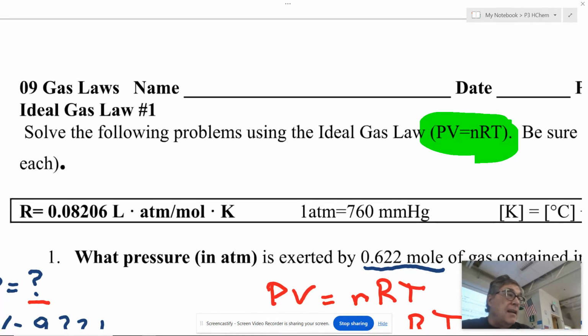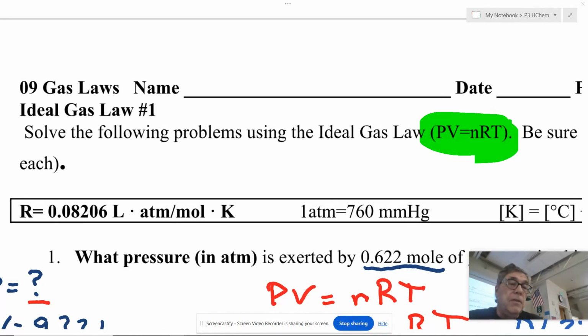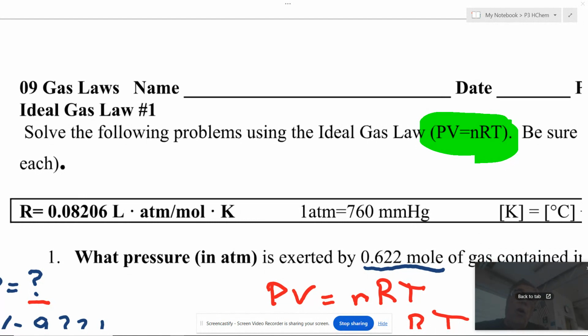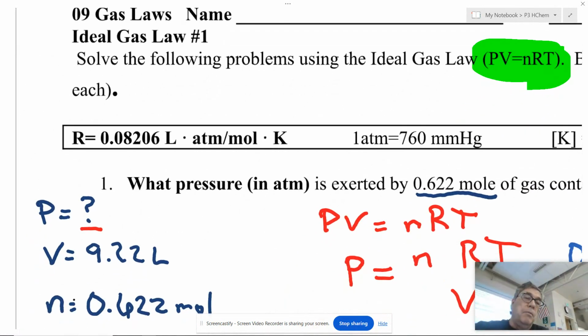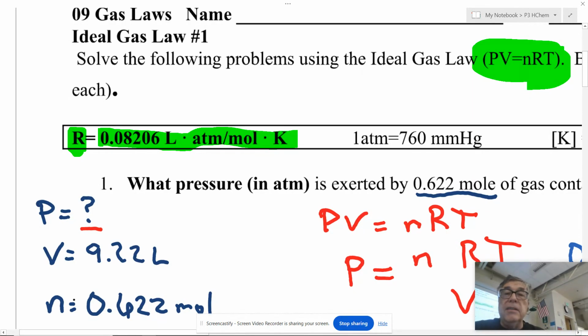So this is a relationship that holds true for gases at room, kind of just room pressure and temperature kind of stuff. Now, you're going to need R, and R is 0.08206 liters times atmospheres divided by moles and divided by Kelvin.